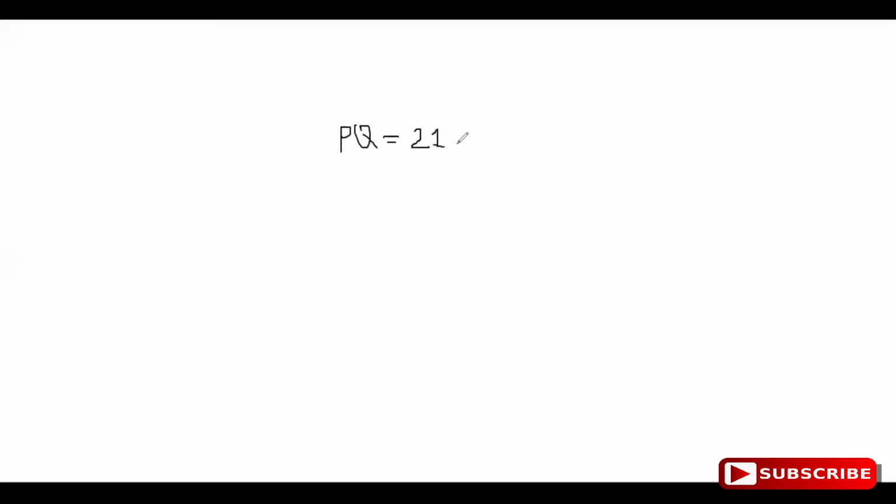You don't need to do anything with matrices. You can do this question with algebra. First thing, make P the subject. P is 21 over Q times I, because I divide both sides by Q.